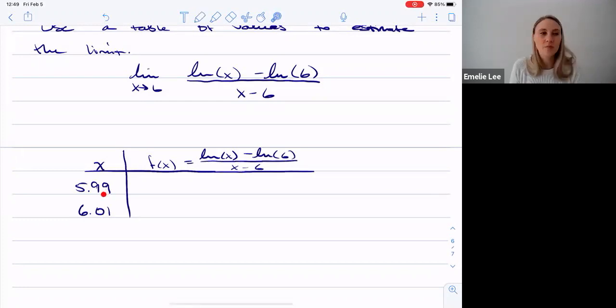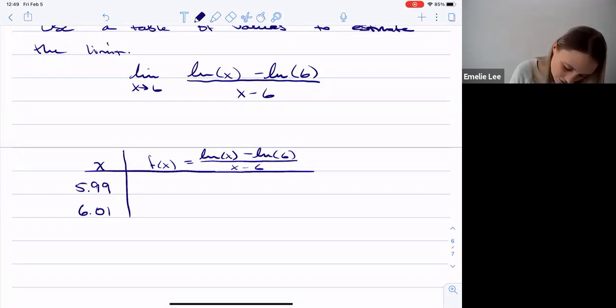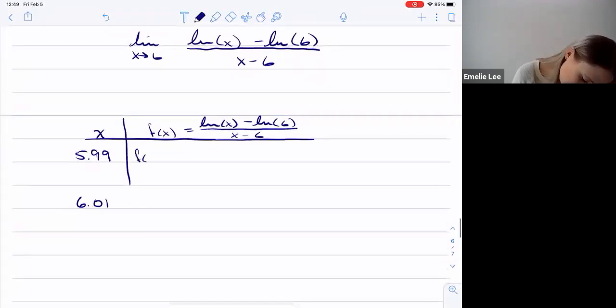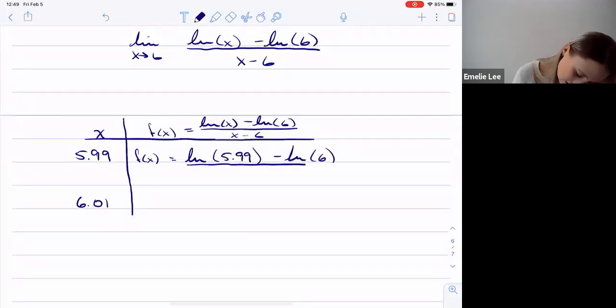In this case, I'm plugging in x equals 5.99. So f of x is going to be (ln 5.99 minus ln 6) over (5.99 minus 6).